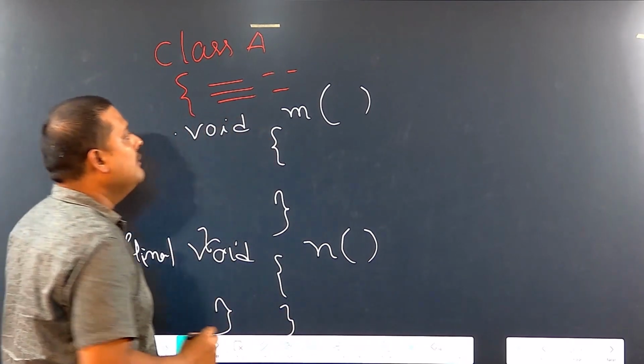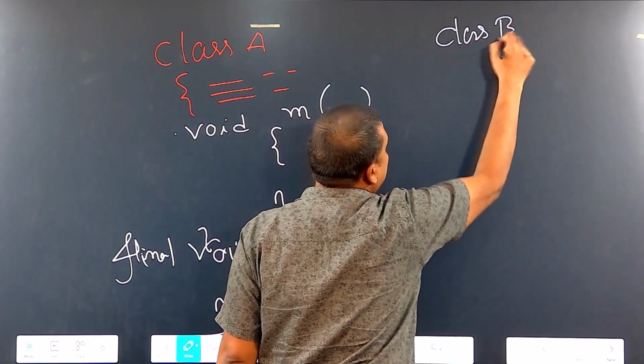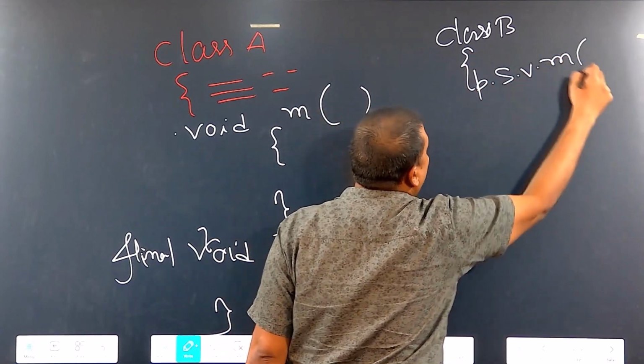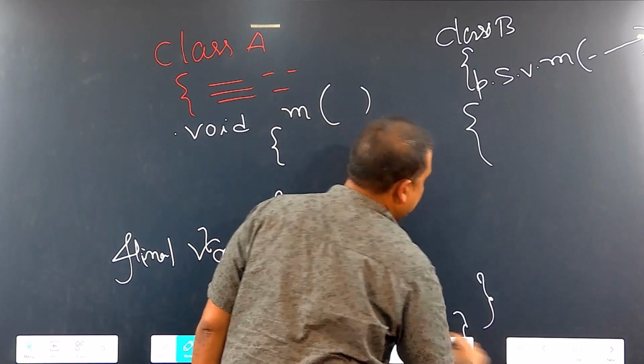Now, I create another class B with public static void main and the usual signature.